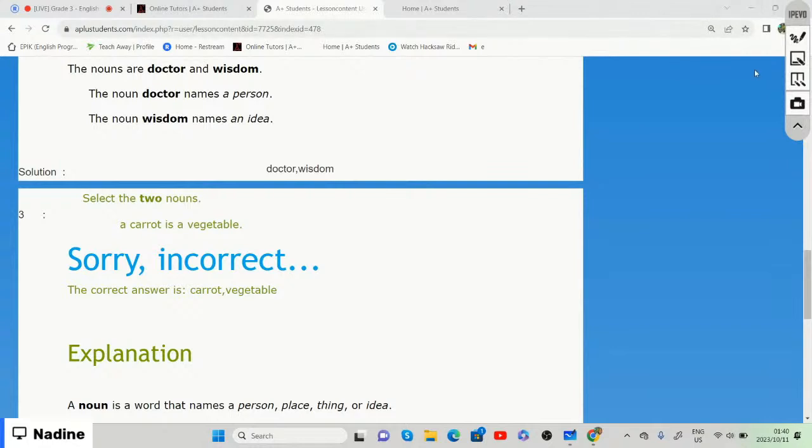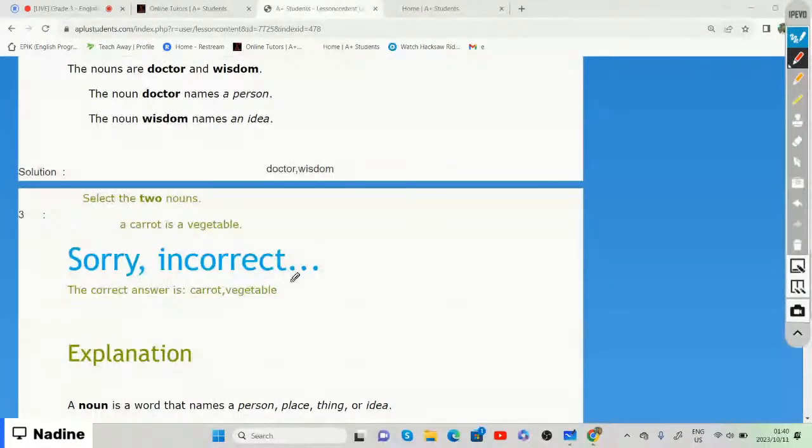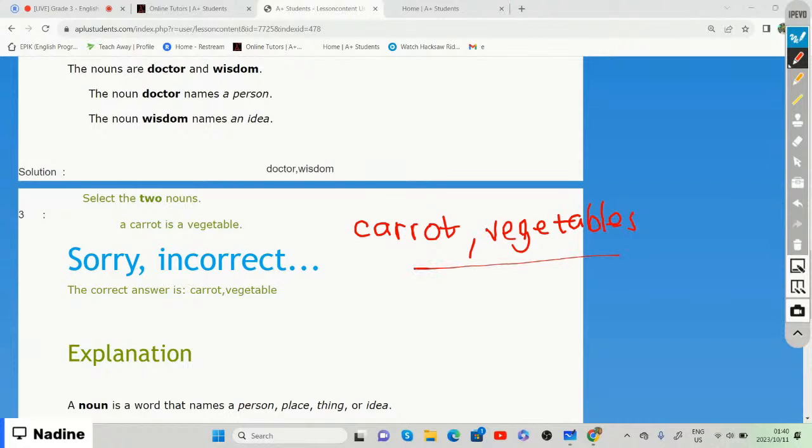All right, so if we select the two nouns within that sentence, we're going to say it is carrot and vegetable. That is basically the two nouns that we have identified within that sentence.